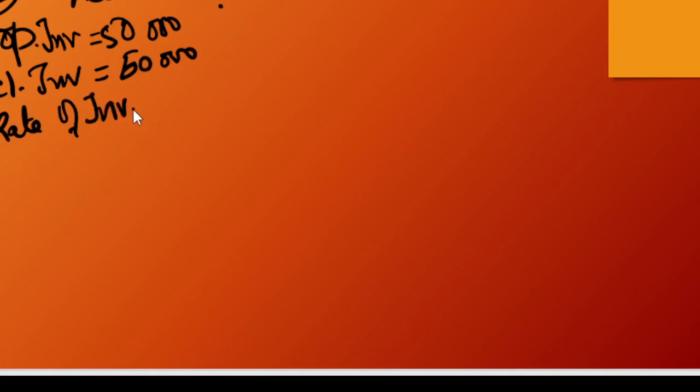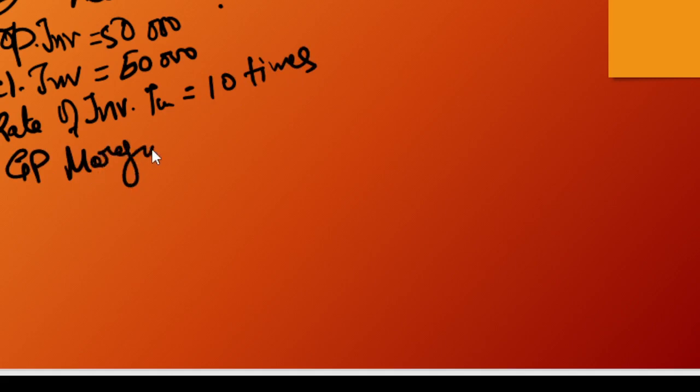Closing inventory is also there, say 60,000. Then a rate of inventory turnover, that is 10 times for example. And GP margin, that is 20%.